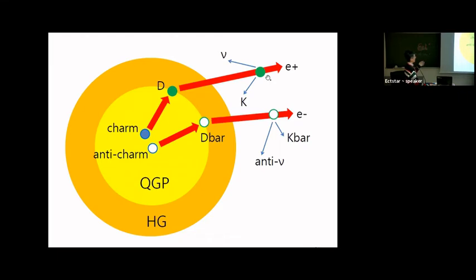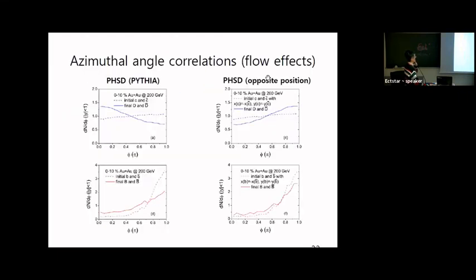I'll explain soon. This is the azimuthal angle correlation of heavy flavor and anti-heavy flavor. This pi is the azimuthal angle between heavy flavor momentum and anti-heavy flavor momentum. So 0 means co-moving, and 1 means back-to-back.